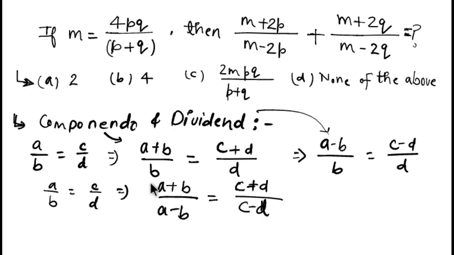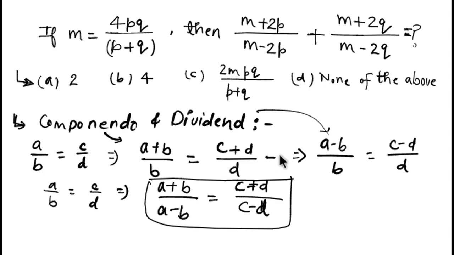This is called componendo and dividendo. If you want to know how I wrote it, put the two results as equation 1 and equation 2, and divide equation 1 by equation 2, and you get this equation. This is the combined form of componendo and dividendo.